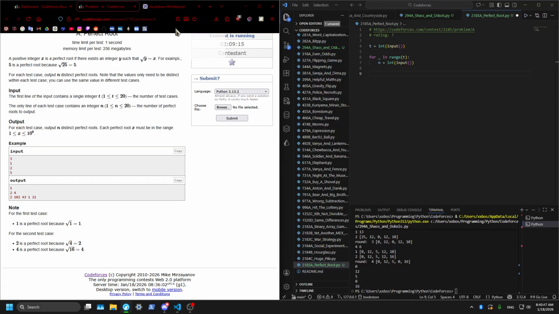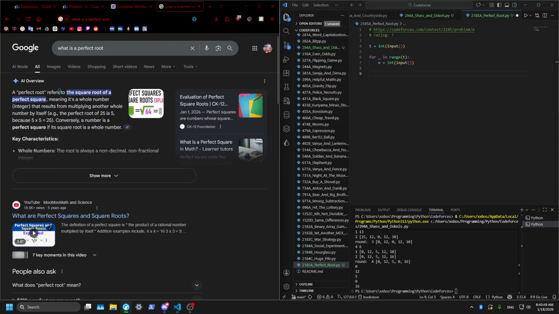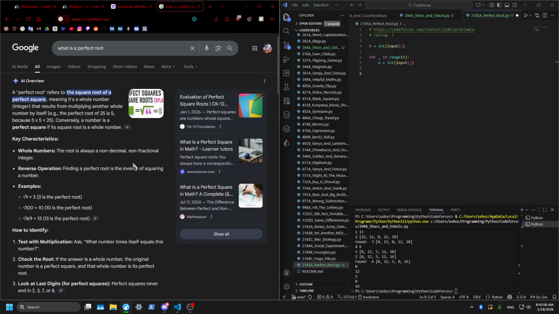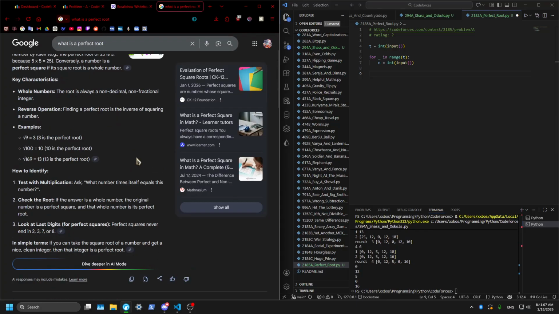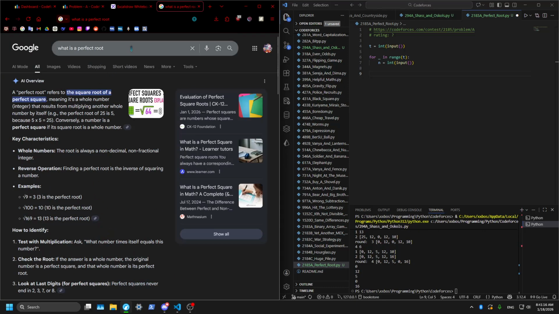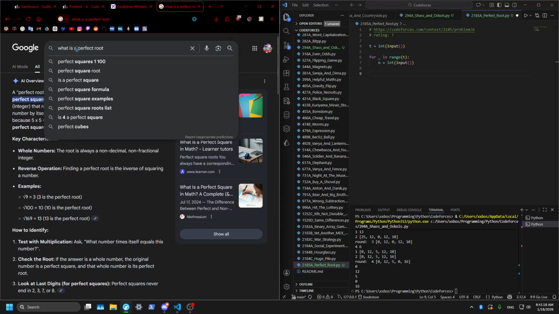What is a perfect root? Square root of a perfect square. Perfect squares never end in 2, 3, 7, 8. Are all numbers perfect roots?